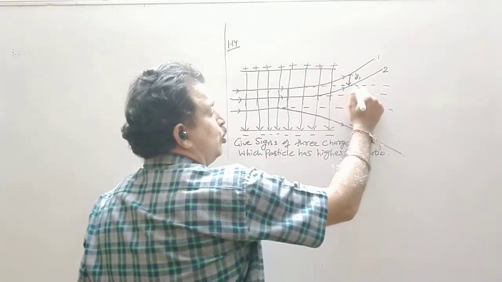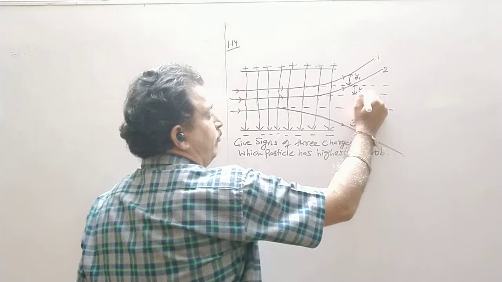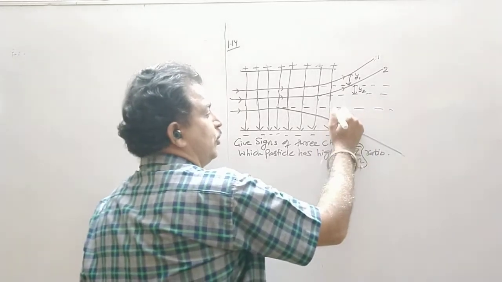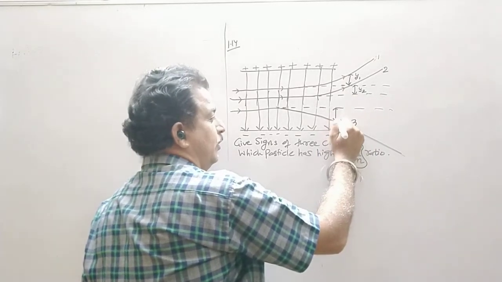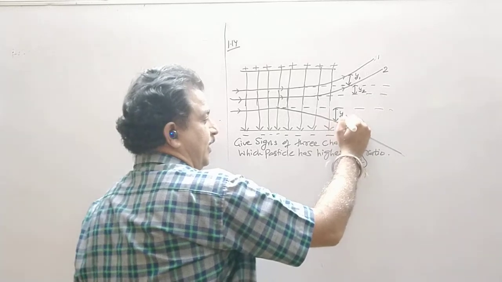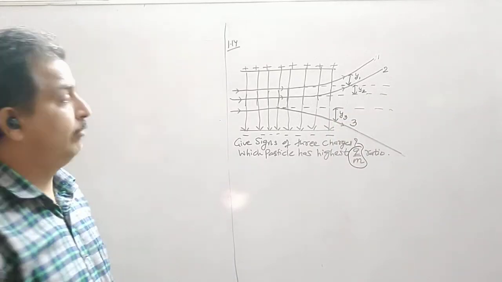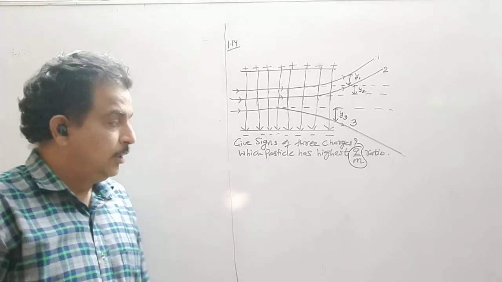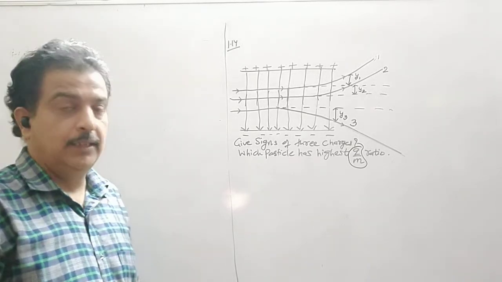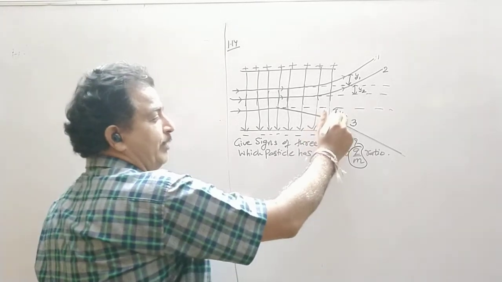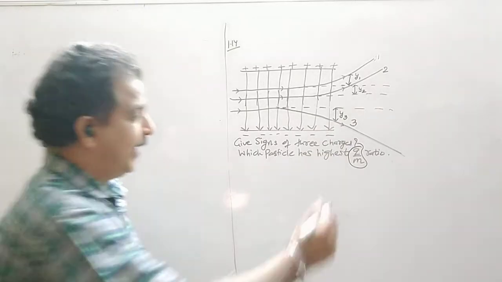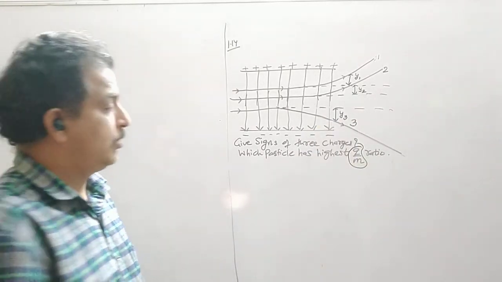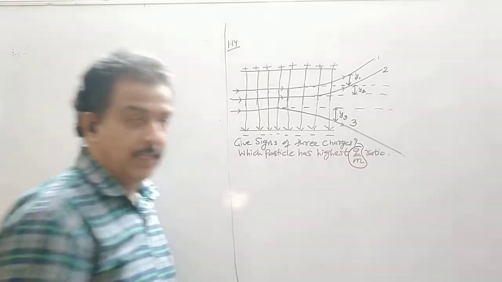Deflection of particle 2, let us denote it by y2, and the deflection of the third particle, that is y3. So y1, y2, y3 will be called deflection. We will prove that the deflection of the particle is directly proportional to Q by M ratio, charge of the particle divided by its mass.